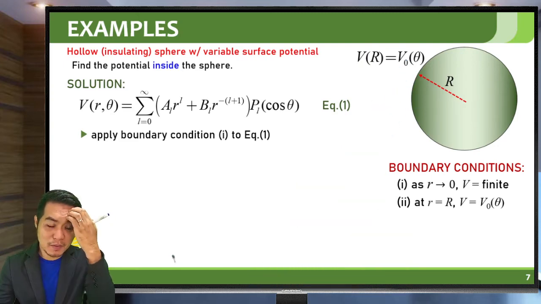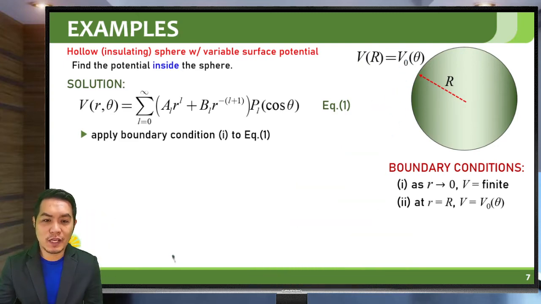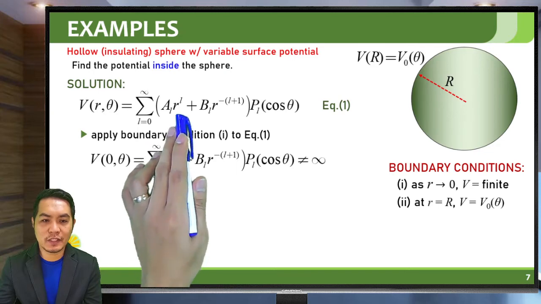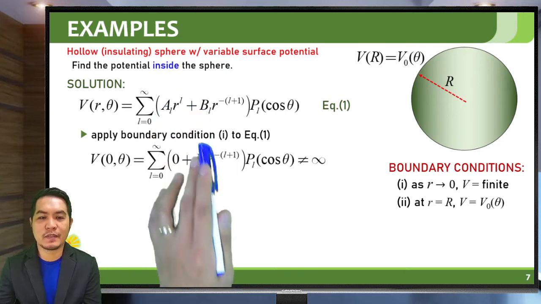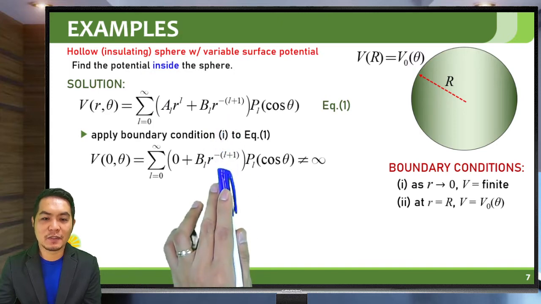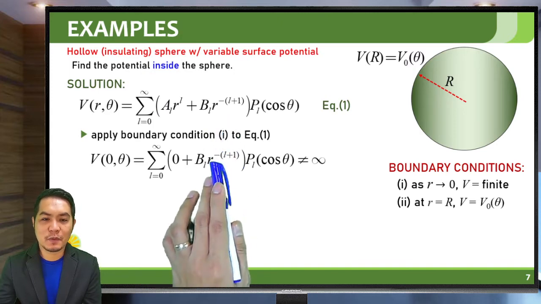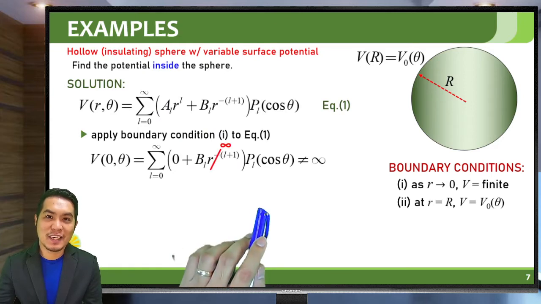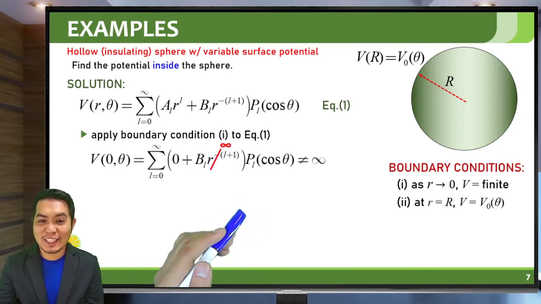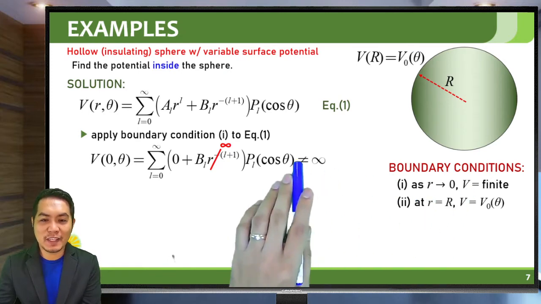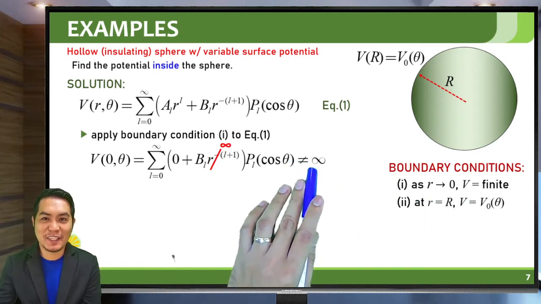So we apply boundary condition 1 to equation 1. When r approaches 0, this term becomes 0. But this term here, r to the negative (L plus 1), when r approaches 0, is 1 over 0, which approaches infinity. But the boundary condition states that V must be finite, not infinity.